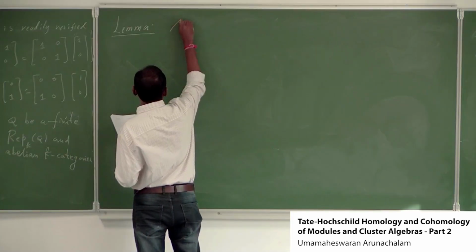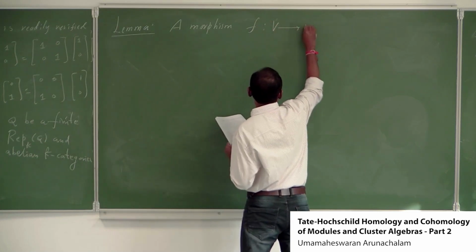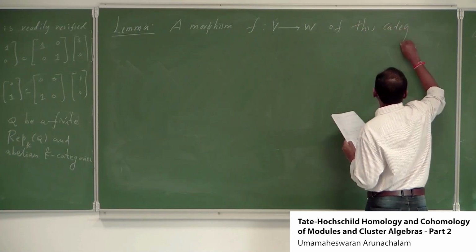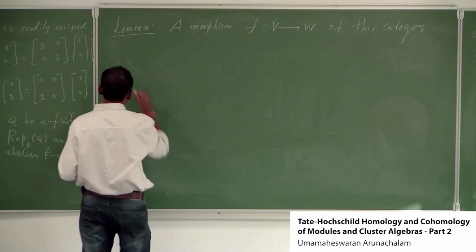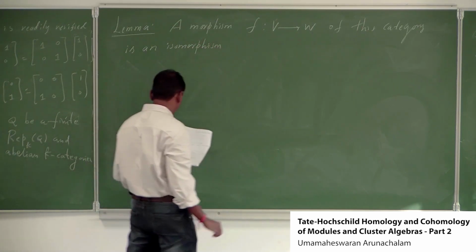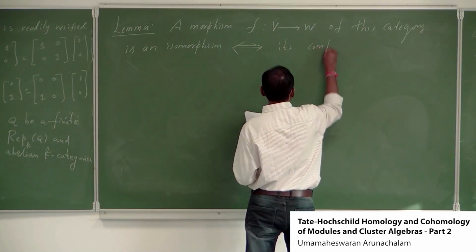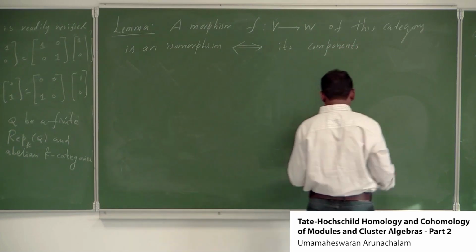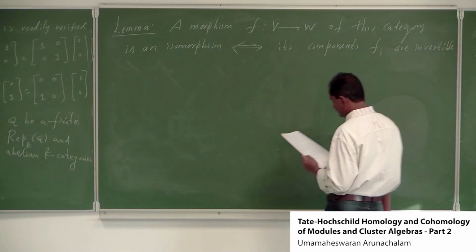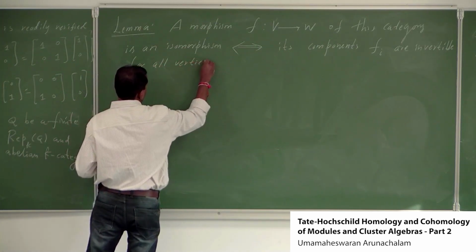A morphism F mapping from V into W of this category is an isomorphism if and only if its components Fi are invertible for all vertices i of Q naught.